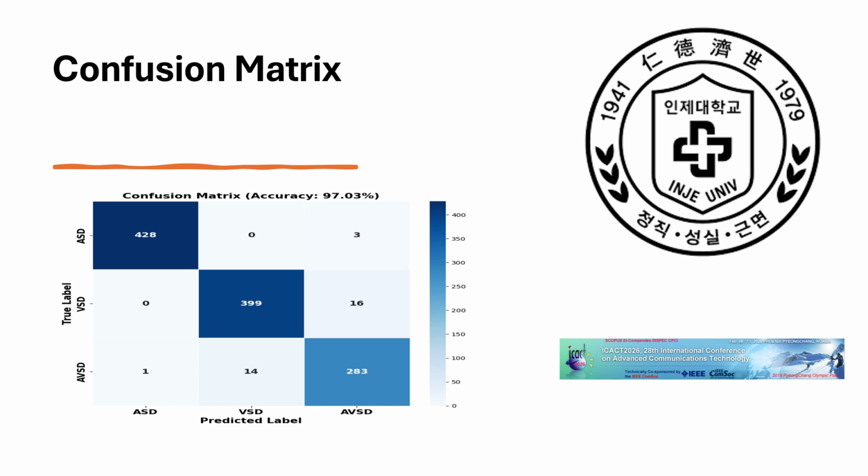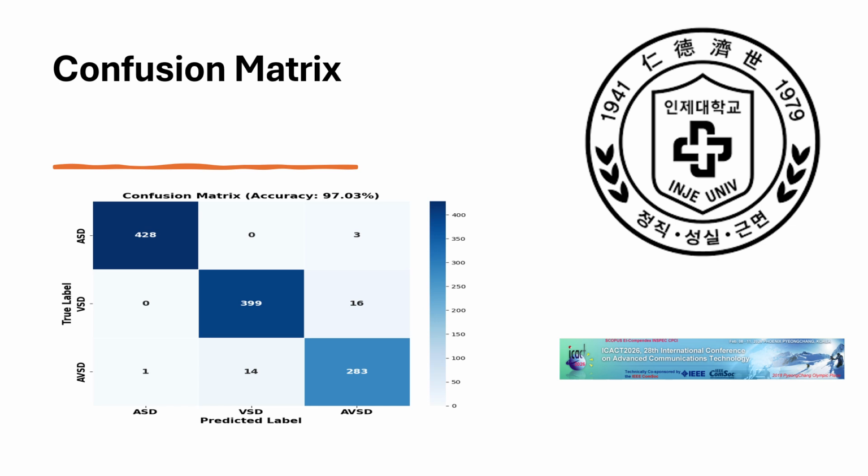So here is the confusion matrix. The confusion matrix shows the classification results across all three CHD classes. The model demonstrates high accuracy with minimal misclassification between ASD, VSD, and AVSD.